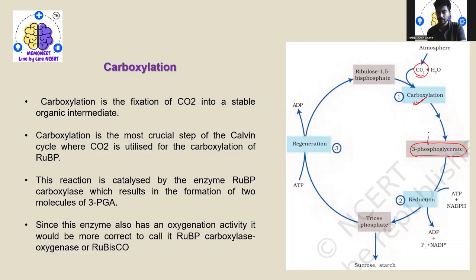Okay. Since this enzyme also has an oxygenation activity, it would be more correct to call it RuBP carboxylase oxygenase, or RuBisCO. Okay, that is nothing but RuBP carboxylase oxygenase.